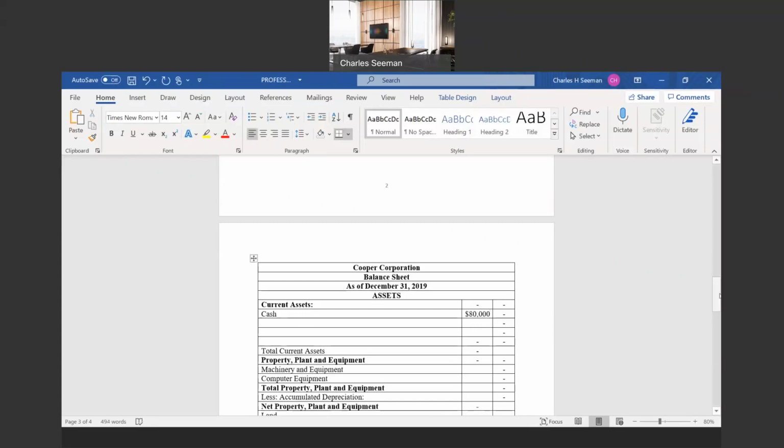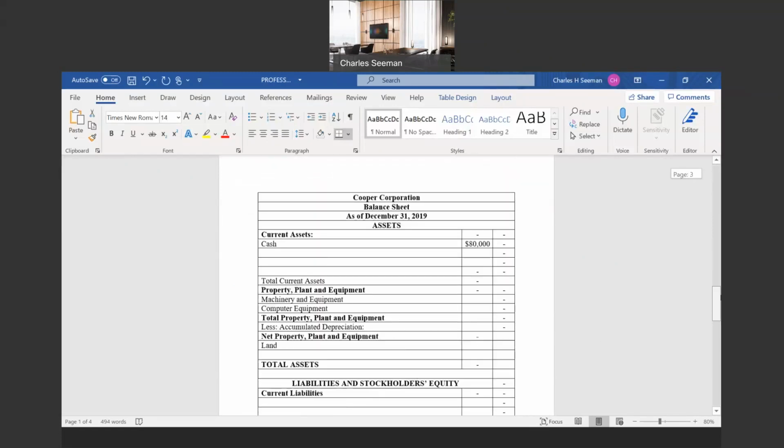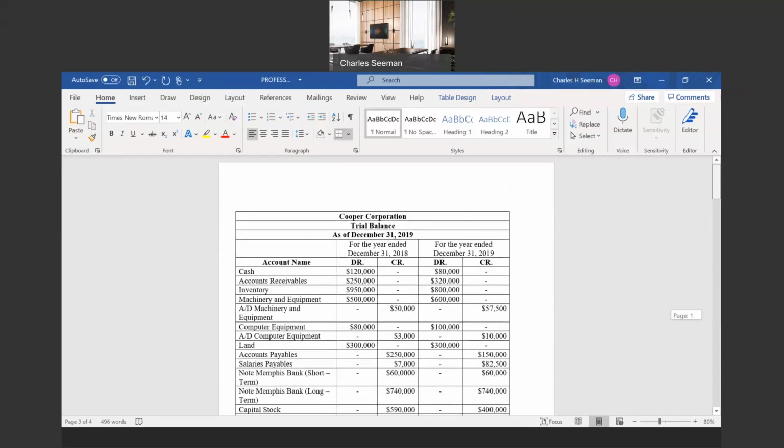The next one is accounts receivable. We're going to talk more about current assets and what they are a little later. And I'm going to use 320,000.